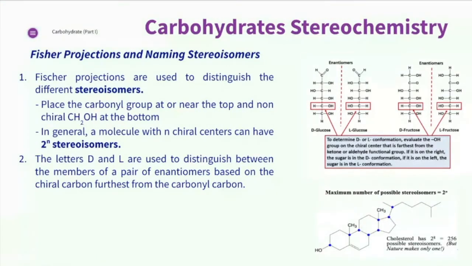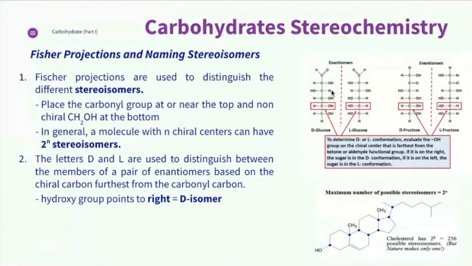Okay. So the Fisher projection also gives us information about the configuration of the units, whether it is in the D or L configuration. It is based on the chiral carbon which is furthest from the carbonyl group.